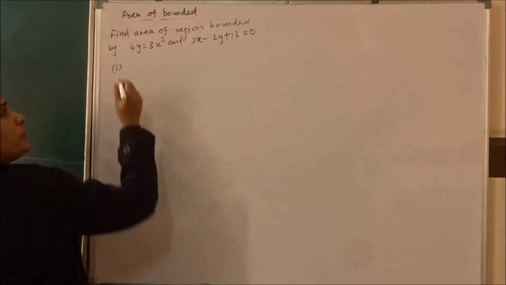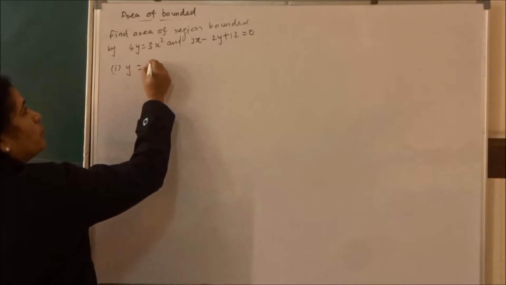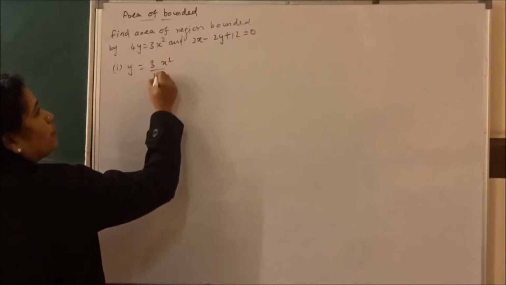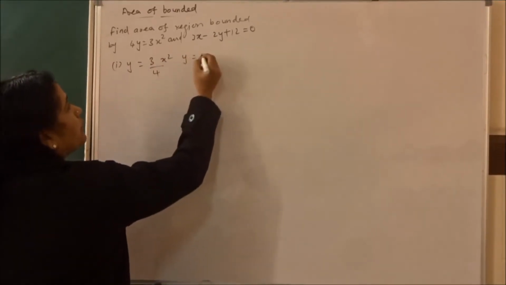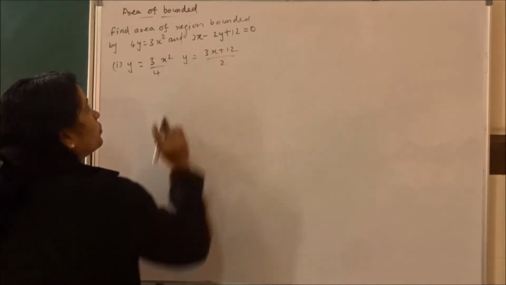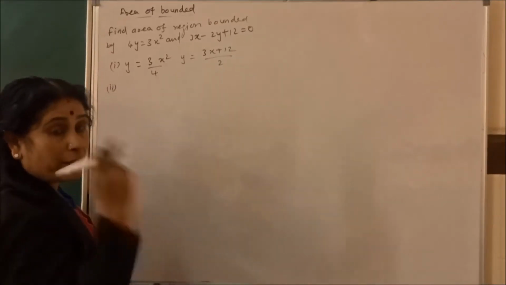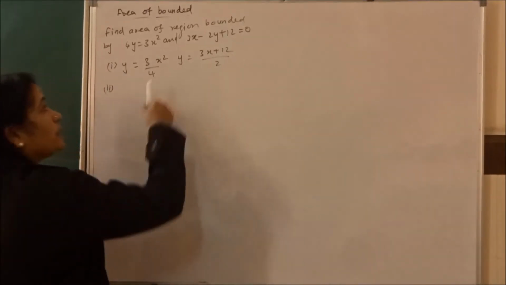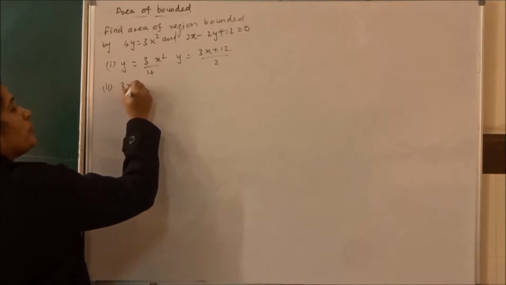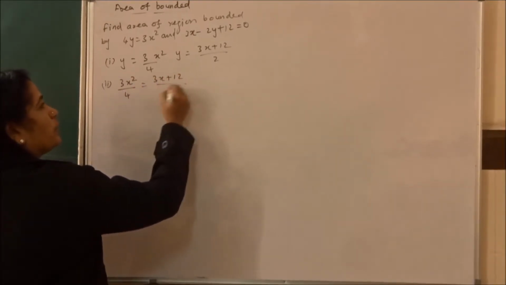Step number 1, y equal to something. So y equal to 3x square by 4, and here y equal to (3x plus 12) upon 2. Step number 2, find the point of intersection. I equate both: 3x square by 4 equals (3x plus 12) upon 2.